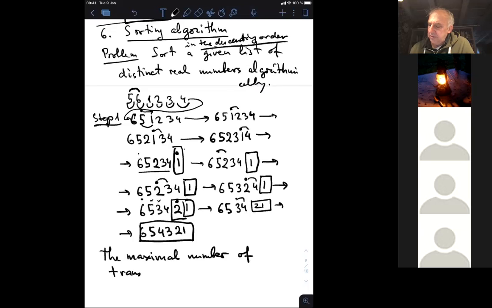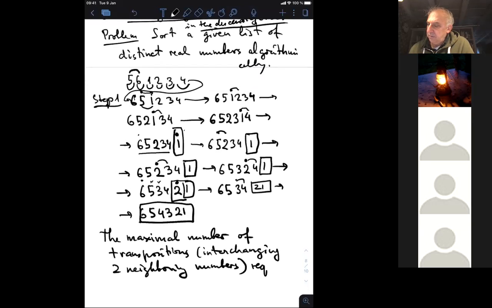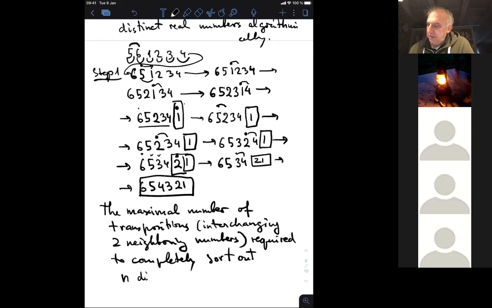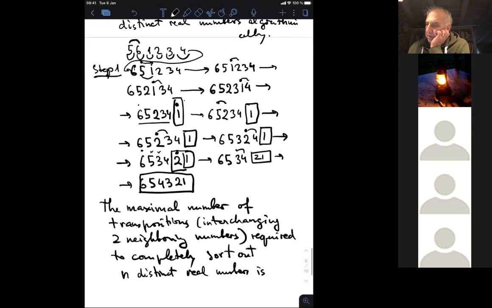So transposition is just interchanging two neighboring numbers, required to completely sort out n distinct real numbers, is what? Let's see. I think it's n choose 2. Yes.